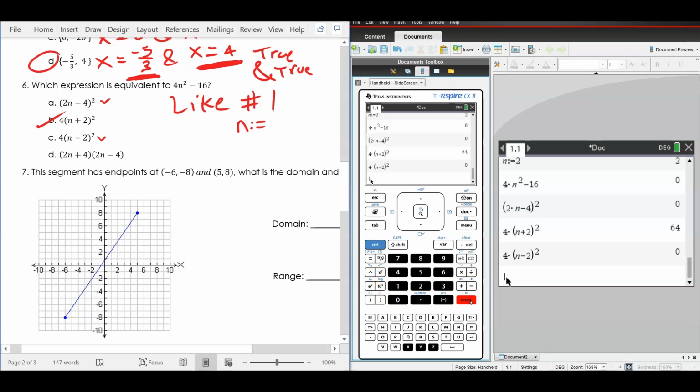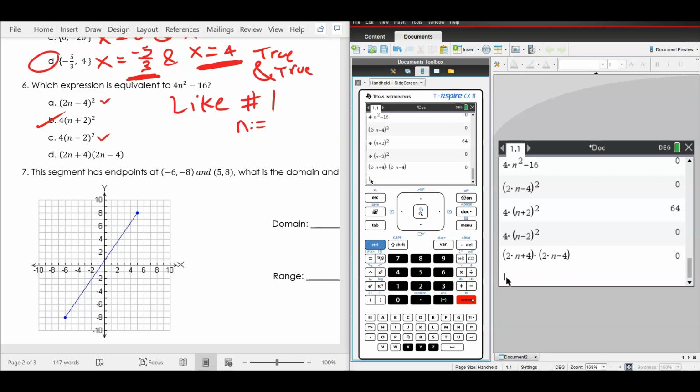Uh-oh. Let's try one more. Oh man. All right. So when you define n as 2, you get 3 answers, okay?